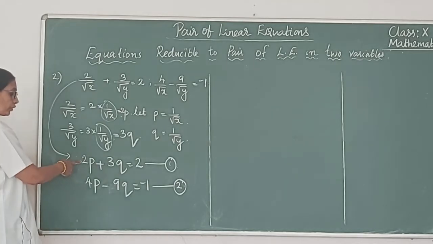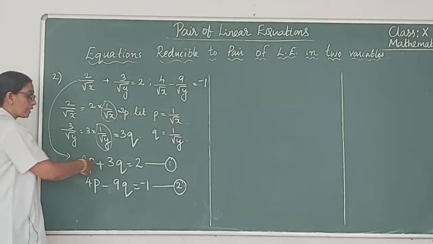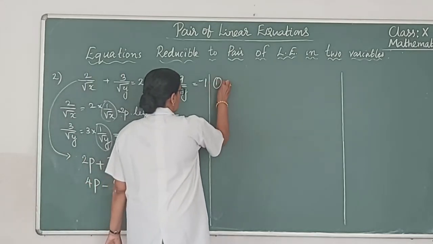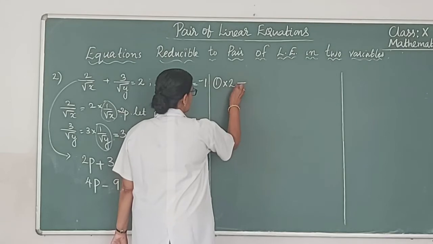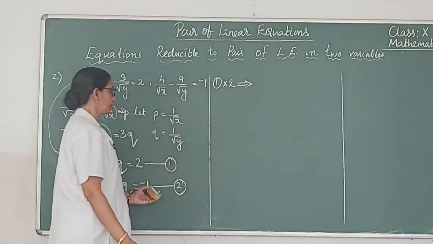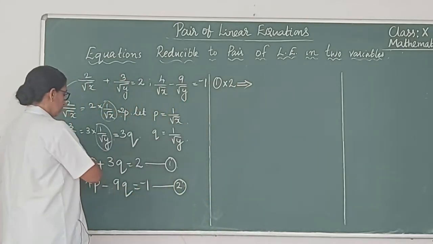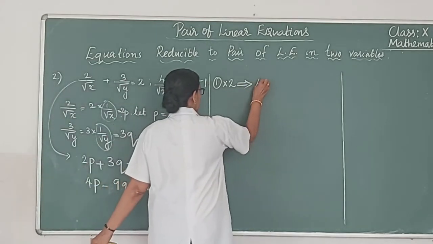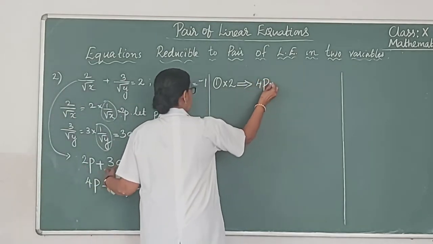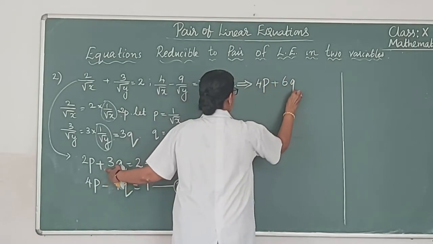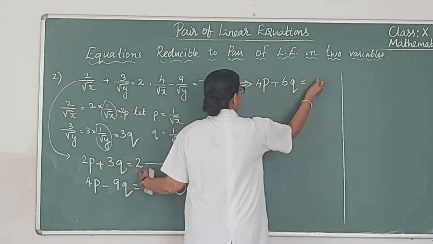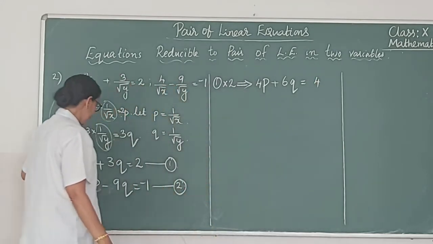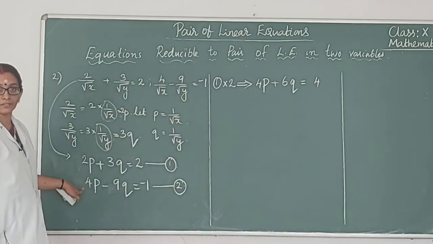Like this we can equalize the coefficient of p. So here I am going to multiply equation 1 by 2. So equation 1 we have to multiply by 2. We are getting, throughout we have to multiply, 4p plus 6q equal to 4, and second equation already the coefficient of p is 4.